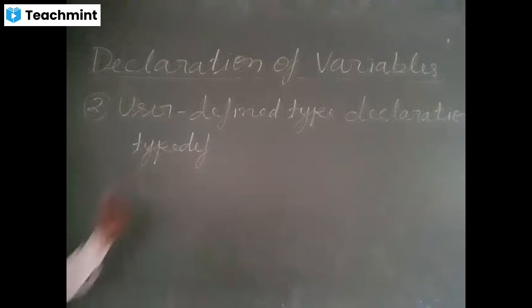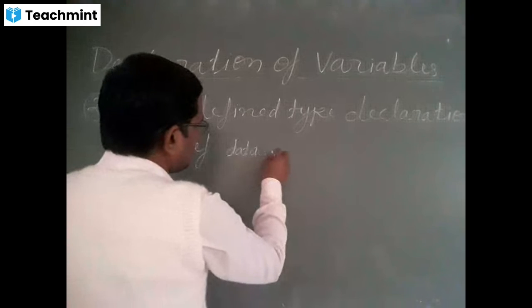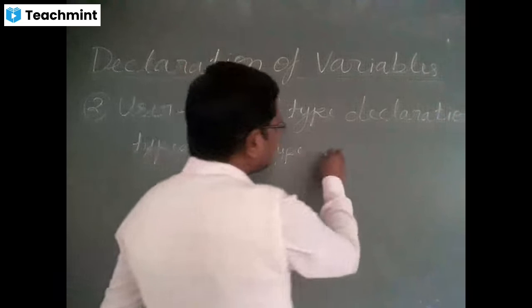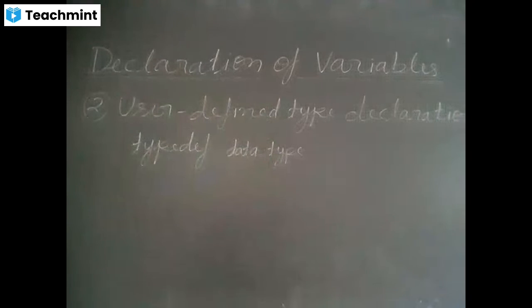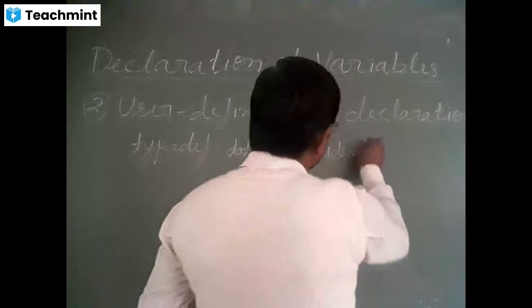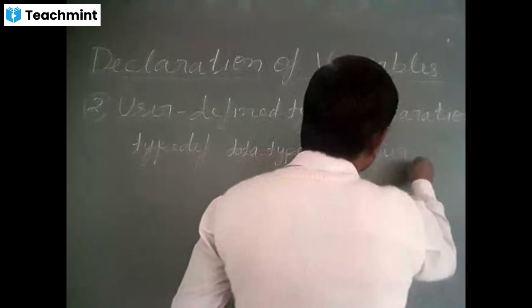Firstly, they write the keyword typedef, then the data type, then the name of the variable, which is also known as the identifier, and put the semicolon.